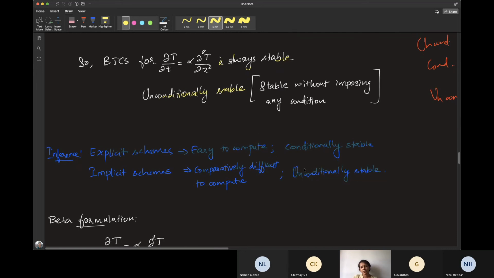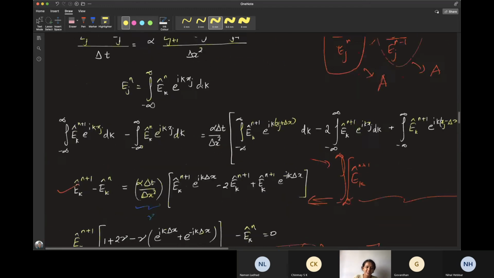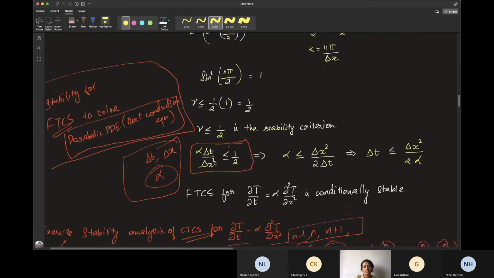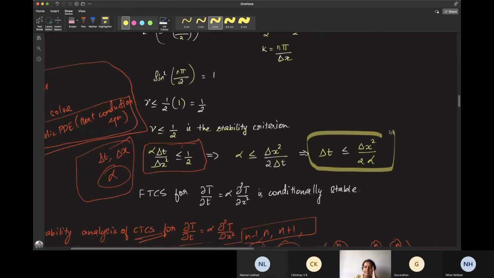Here you do not have to worry. You can choose any delta t and delta x without worrying about the stability requirements. In explicit schemes, you will have to choose delta t and delta x provided some conditions are satisfied. If you notice here, delta t is always less than or equal to something. So you cannot choose any time step greater than this.